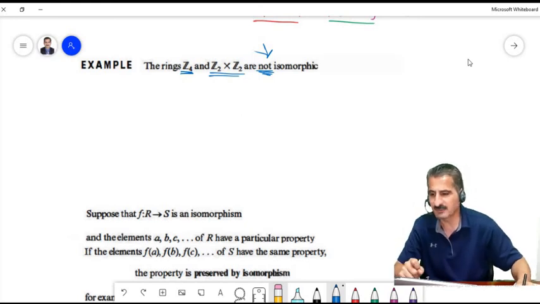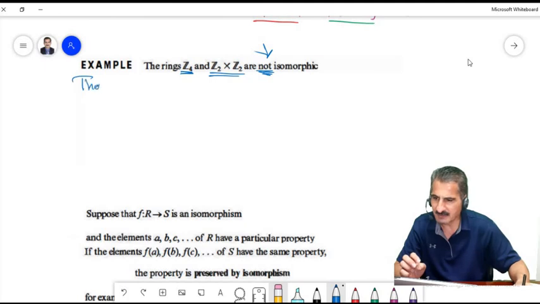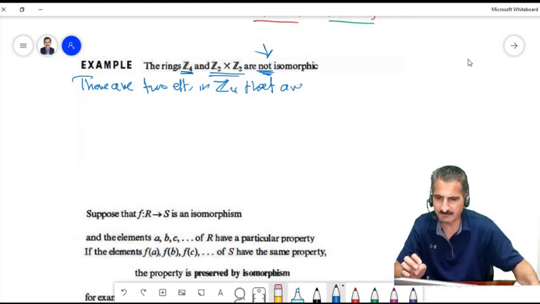So let me write that. The book has different reasoning. There are 2 elements in Z4 that are units. These 2 elements are 1 and 3.